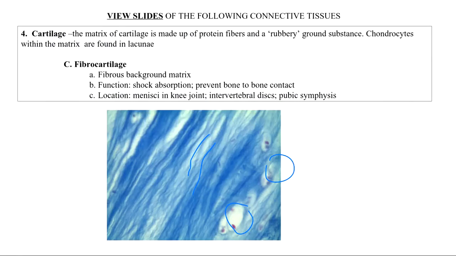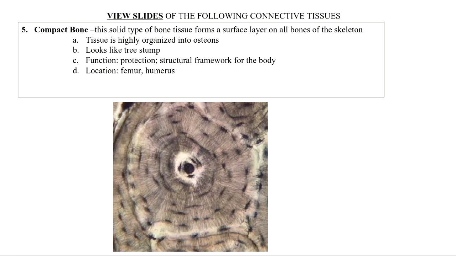And then the last type of connective tissue that you're responsible for is compact bone. And we'll be doing a whole chapter on bone. For now, you want to be able to see this specific slide of compact bone, which kind of looks like a tree stump, right?